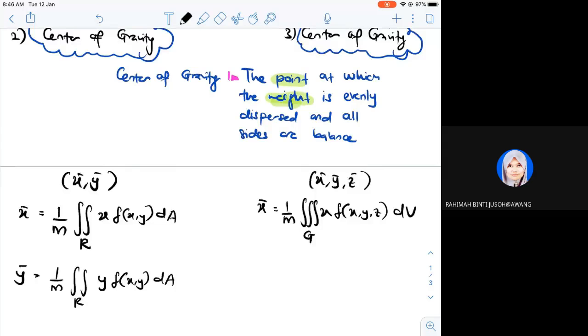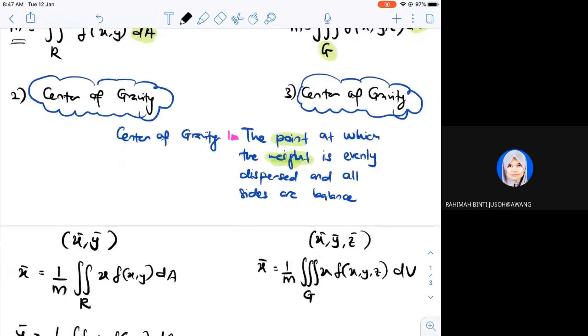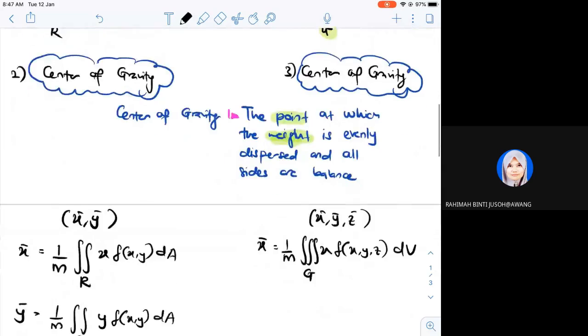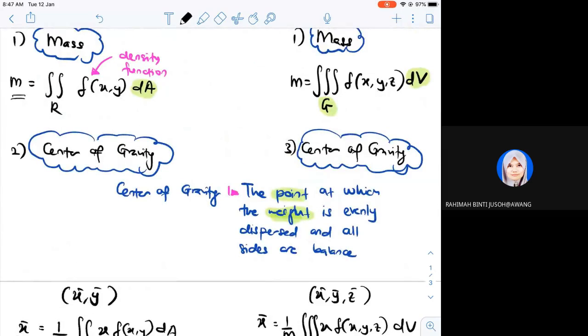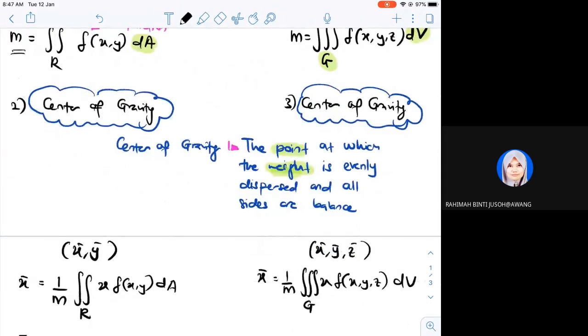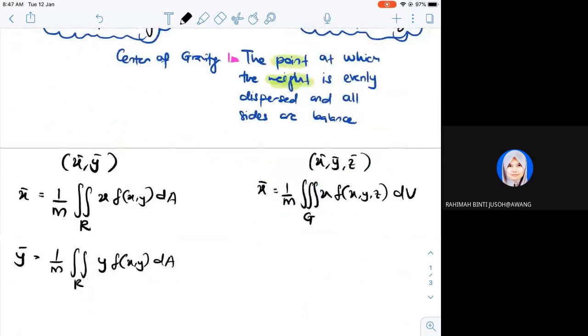And then, actually, the limit of this center of gravity must be the same as the limit for mass, guys. Never mind, I will show you later through examples. Let's look at examples later. In our exercise, we will do center of gravity questions. I will explain later.